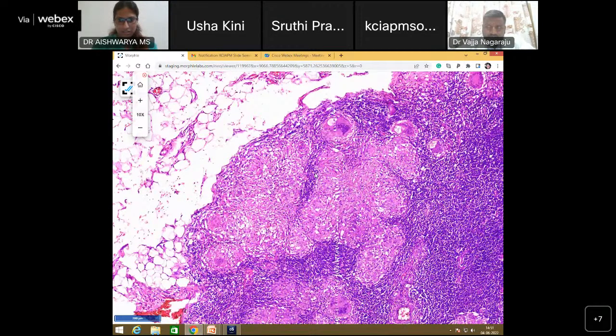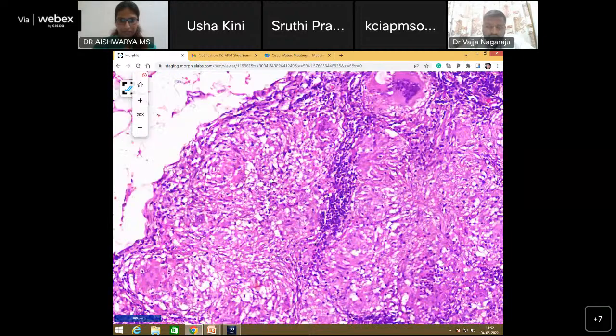Liquefactive is when you see some debris here. And probably this is liquefactive, but can it be caseating? You said it is not caseating, but what would you see if it is caseating?